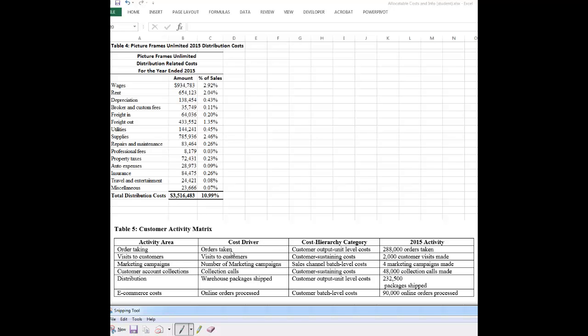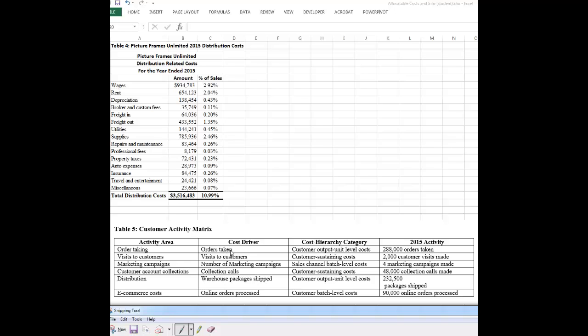The cost driver might be the number of orders taken, the number of visits that the salespeople make to the customers, and the number of marketing campaigns made, and so on and so forth. And so we're going to use these drivers and create what we would call cost pools based off of this $3.5 million and the other $3 million. We're going to create different pools based off of the activity area.